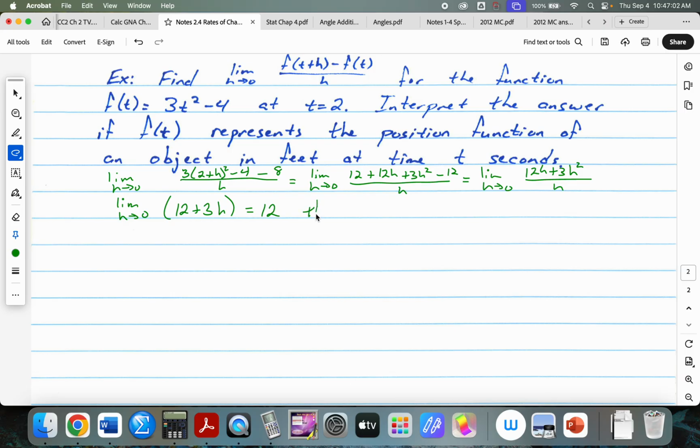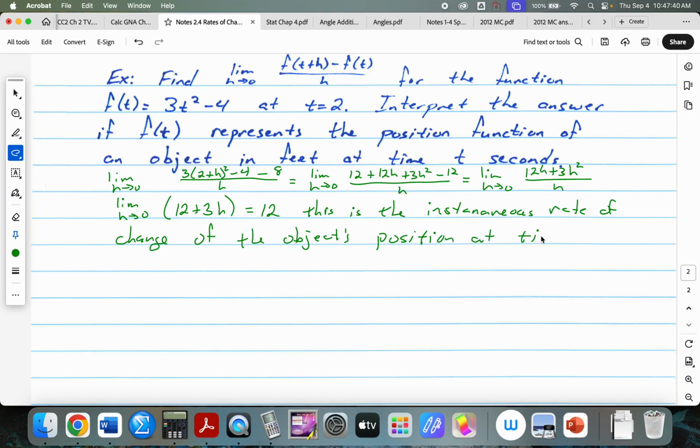So this is the instantaneous rate of change of the object's position at time t is equal to 2.